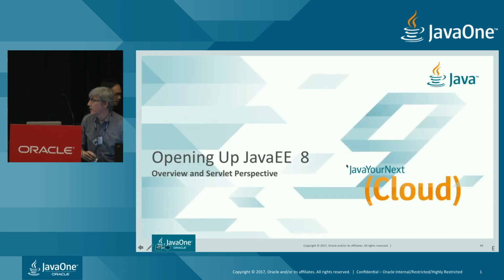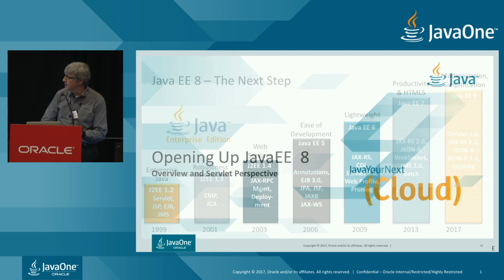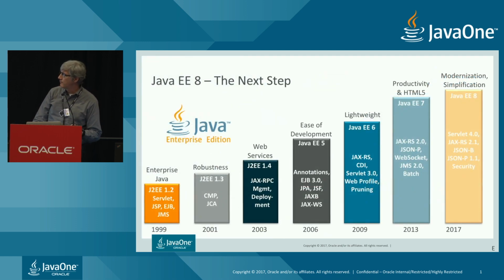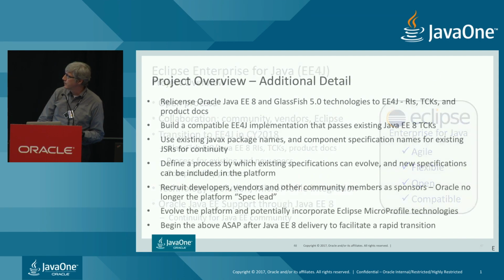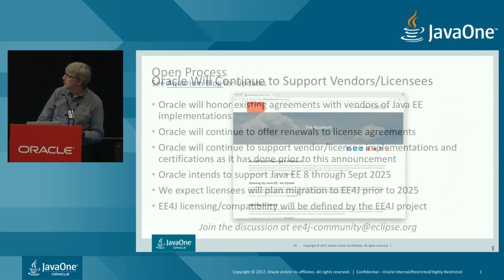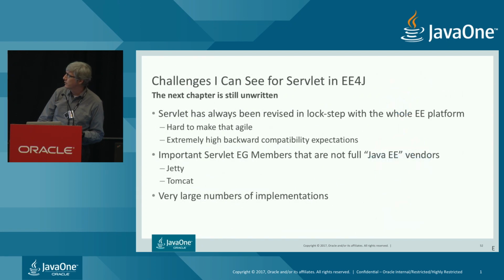Okay, I'm going to run through this because you're going to see this in the keynote, but there's one additional slide that I want to put in. I wanted to give my perspective from the servlet side. And actually, if you were in the previous talk from Linda, you got most of this too. But the challenges I can see for servlet in EE4J, that's going to be the name of the thing in Eclipse.